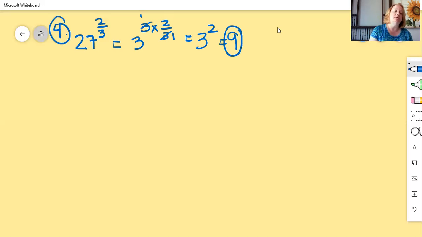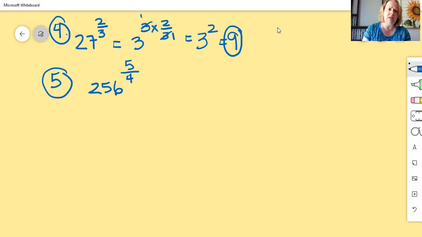All right, last example here. Let's say we have 256 to the 5/4 power. You're like, well, Miss Poos, 256, that's like a huge number. Well, I know that 256 is really 16 squared. And I'm going to have 5 over 4 here. So this is going to cancel.